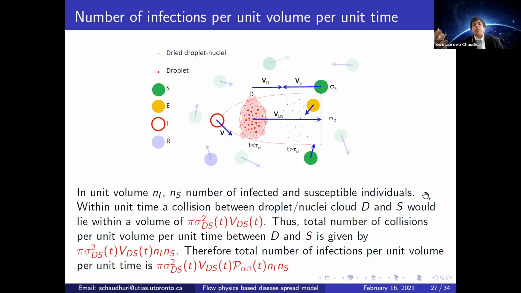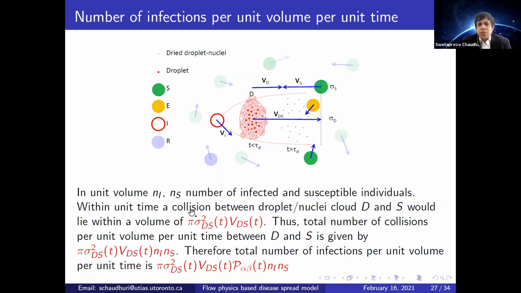Okay, so in a unit volume, a collision will occur in unit time if these susceptible individuals lie within a volume which is given by pi times sigma_ds squared. Sigma_d is the puff diameter, and sigma_s is the diameter of the inhalation volume, and sigma_ds is essentially the sum of these two things.